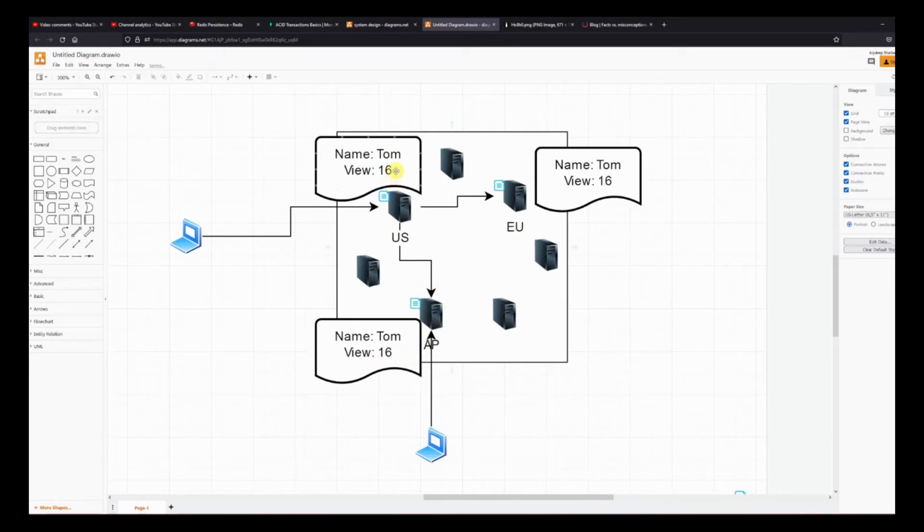Right? So now it might happen that you get a 17 over here, but there is some glitch in this path. Some network error is present over here. It might happen, it's a network, and the error is something that you can't control. It can happen anytime, right? So this value over here is updated, but this value is still at 16.